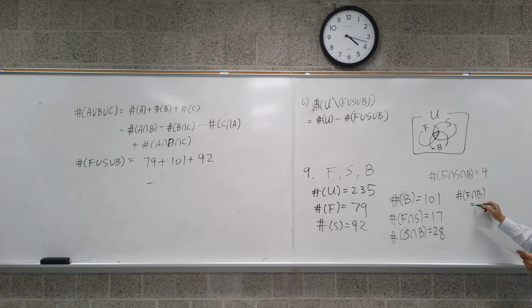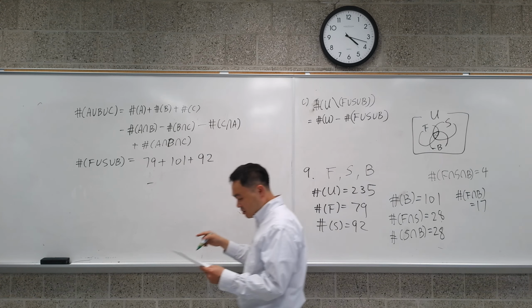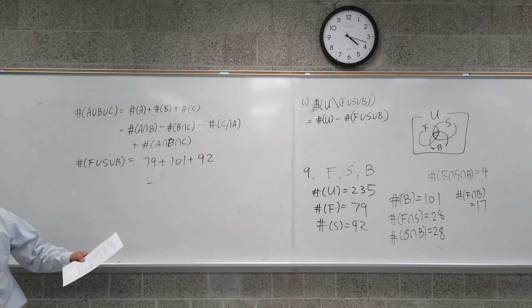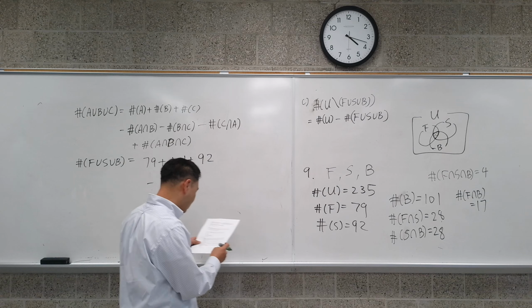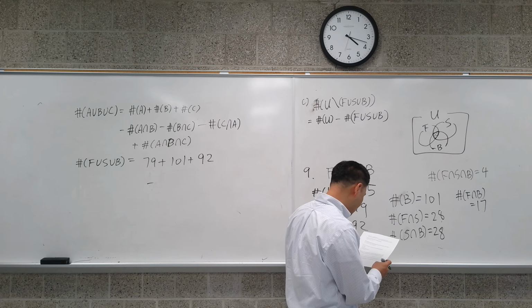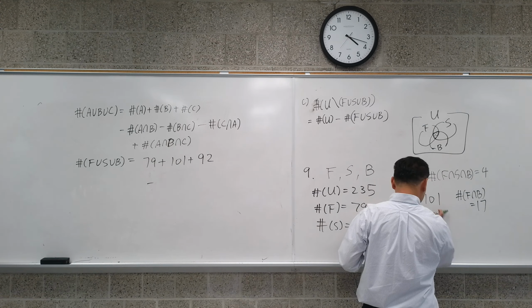Oh, sorry, this is 17 and this is 28. So my previous answer to part B is wrong because I quoted the wrong number. I'm sorry. But anyways, this is 23. That's okay. So we have to do minus 23, minus 17, minus 28, and then add back 4.